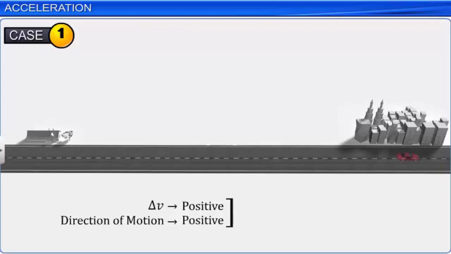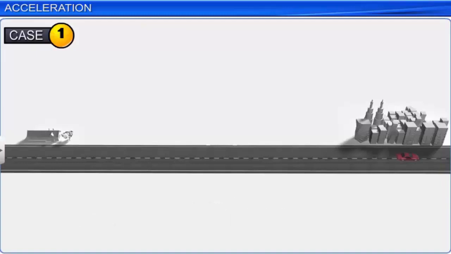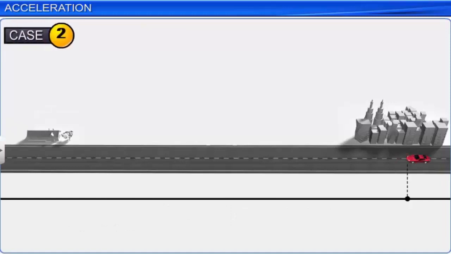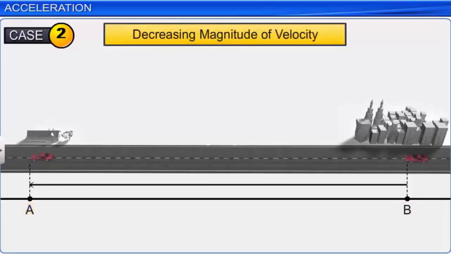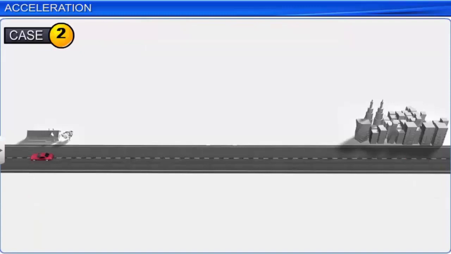In this case, the car is moving in a negative direction, that is, from point B to A, with a decrease in the magnitude of velocity. Here, delta V is negative and the direction of motion is also negative. Since the product of two negative values is positive, acceleration in this case is also positive.